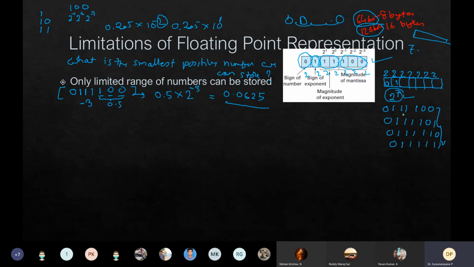Now we have to change the exponent. We have gone to the least possible exponent here, -3. What is the next possible exponent? -2, right? So that comes out to be 0, 1, 2 is this, 1, 0.